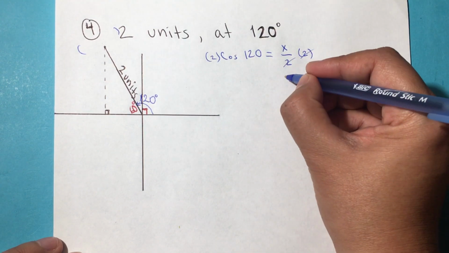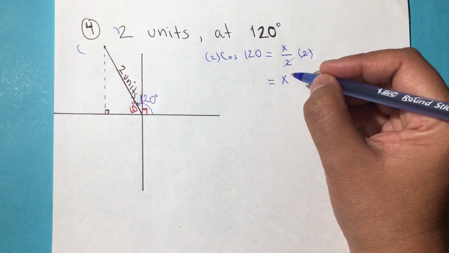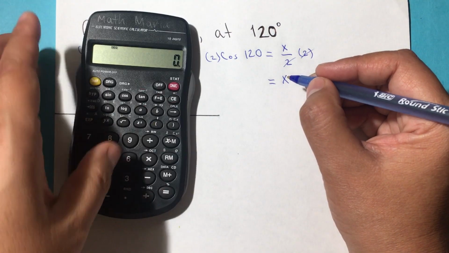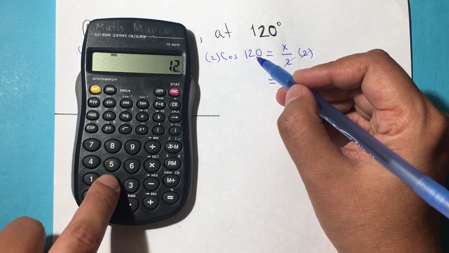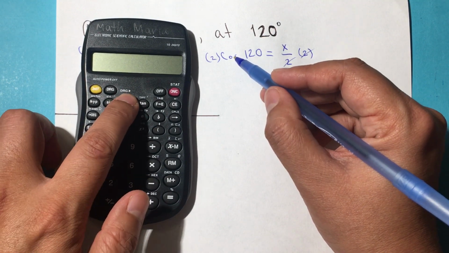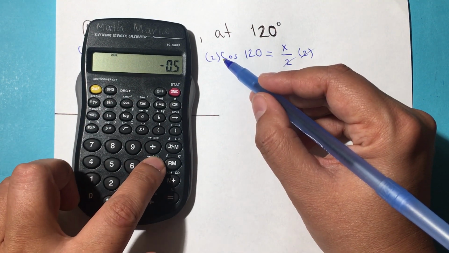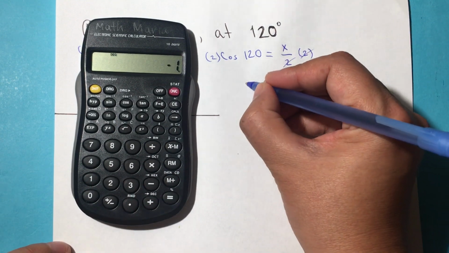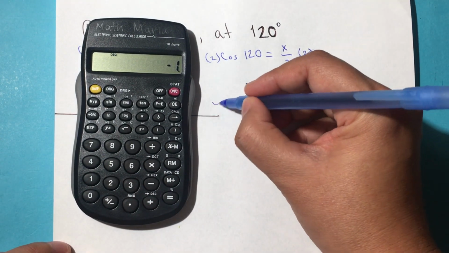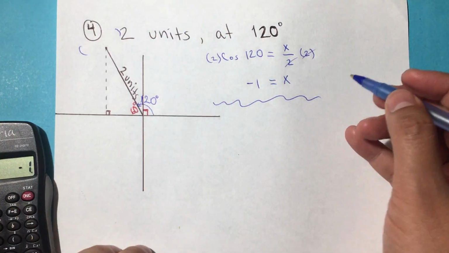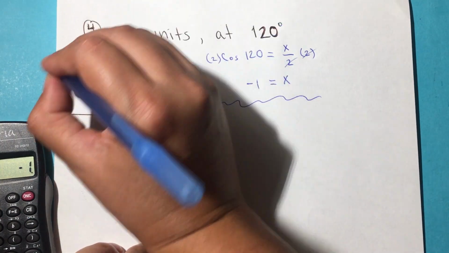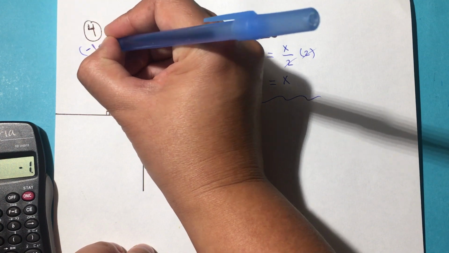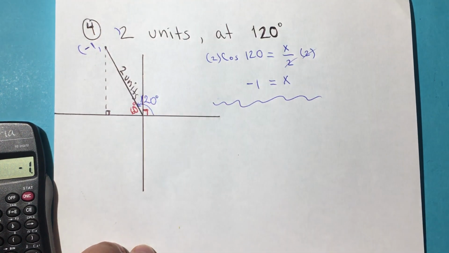This cancels, and x is equal to, we put 120 cosine times 2 equals, and it gives you -1. Okay. Oop, I put it in blue this time. That's fine. -1 for x, and you notice that it's going on the left.